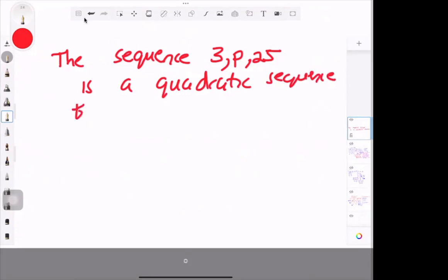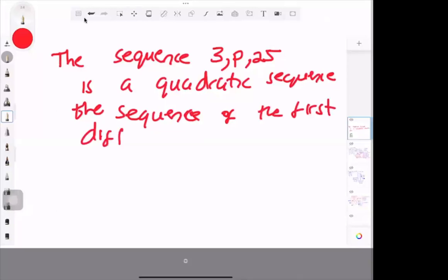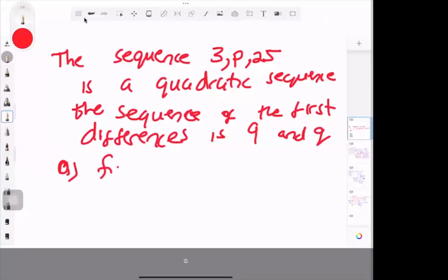The sequence of the first differences is 9 and Q. Question A, find P and Q.